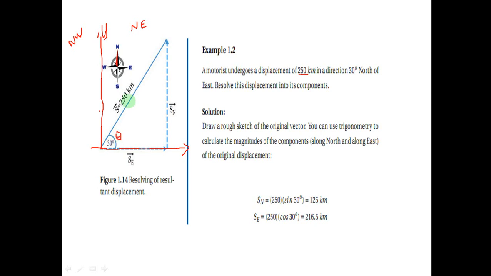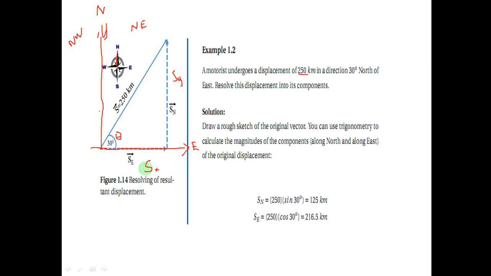It has two components: the Sy component and the Sx component. You can call the Sy component Sn, displacement to the north, because you can consider the y-axis as north, and you can consider the x-axis as the east direction.